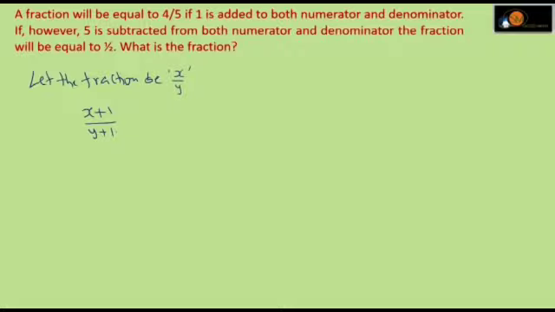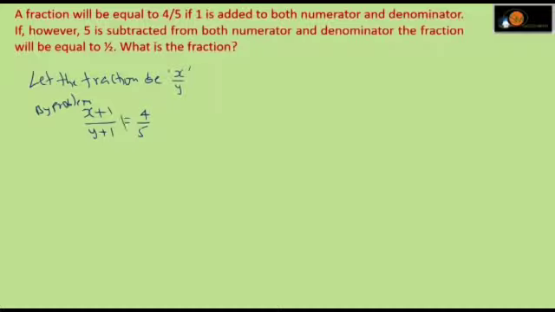Now this is equal to 4 by 5 by problem. By problem, x plus 1 by y plus 1 is equal to 4 by 5, because when we add 1 to both numerator and denominator, the fraction will be equal to 4 by 5.